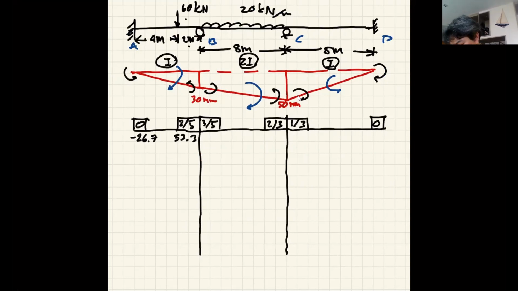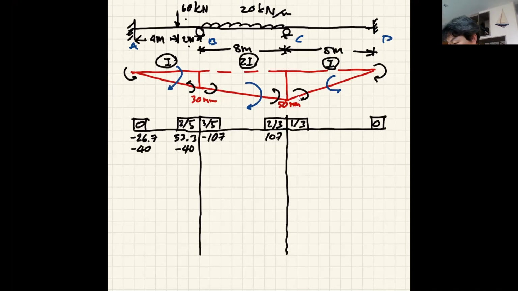Okay, and here we have minus 107. This is fixed moment, and then we have moment due to the settlement. This is minus 40. Just look at the sign, okay? The moment due to resist the settlement should always have the same sign convention on both ends of your member.